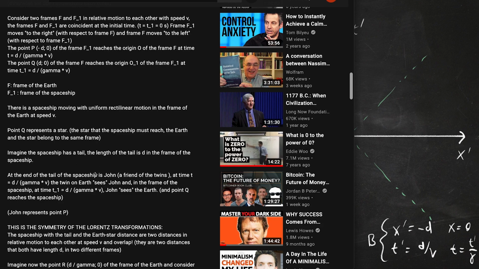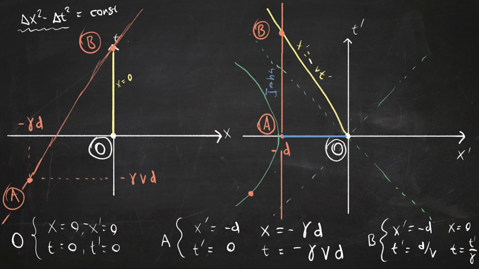And then the twin on the Earth. So the Earth is the unprime. And so the Earth is located at the yellow world line, right? So here's the Earth. And so the twin is going to be on this world line. I think that's what you're saying, isn't it?